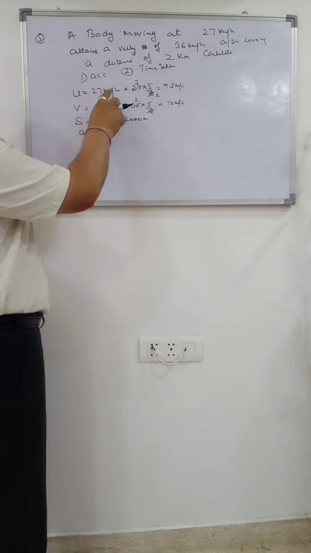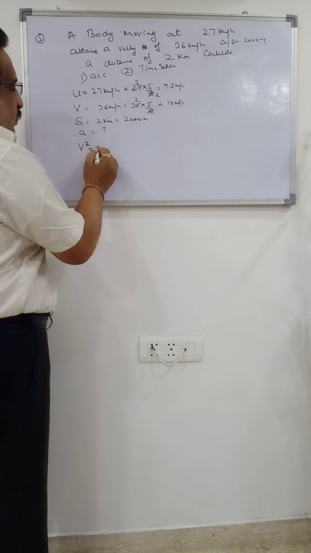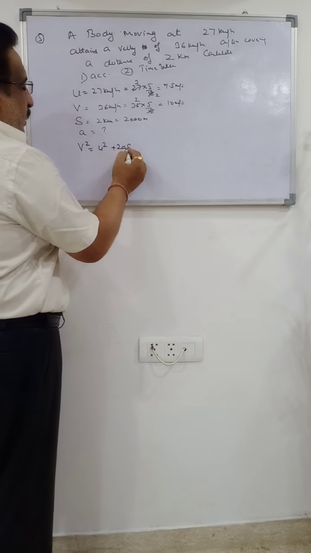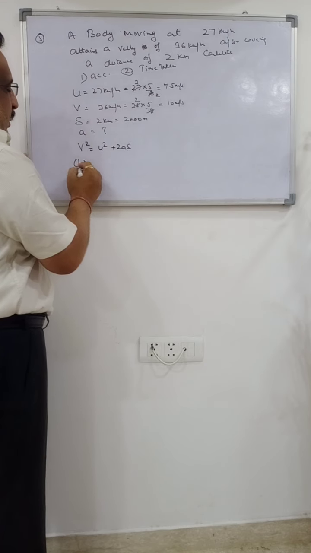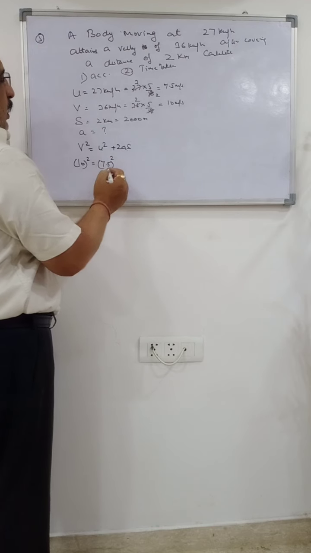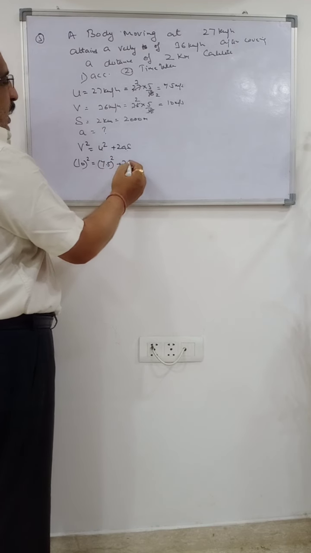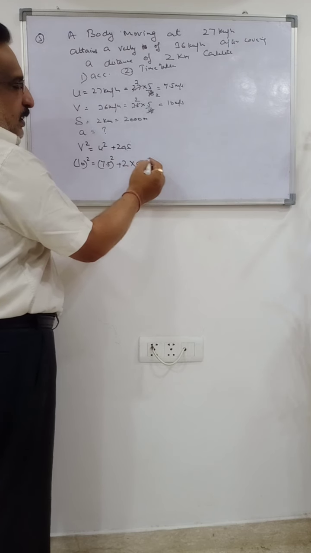V square is equal to U square plus 2AS, because this is the third one. Now what is V square? 10 square is equal to U square, 7.5 whole square, plus 2 into A, which you are to calculate, into distance 2000. Am I right?